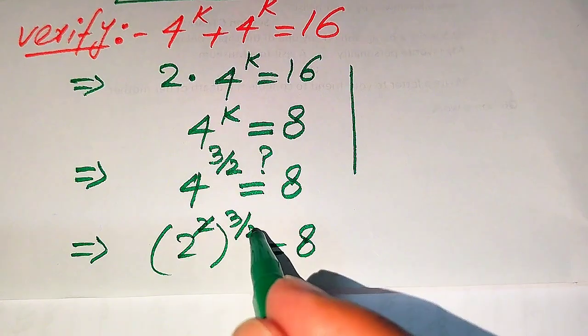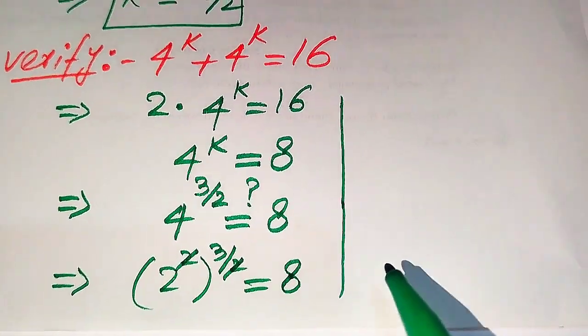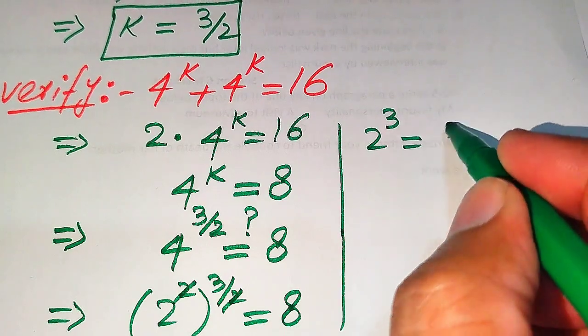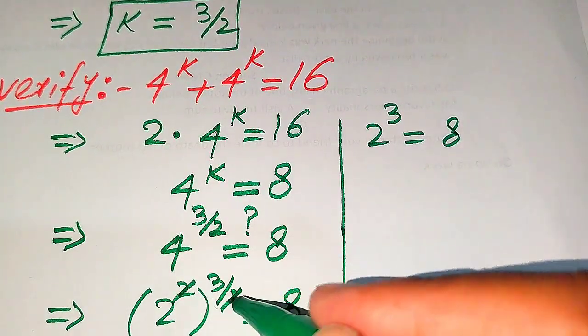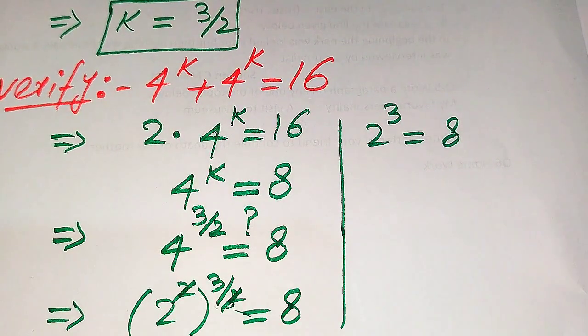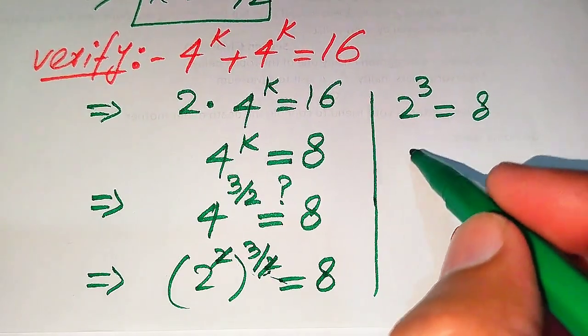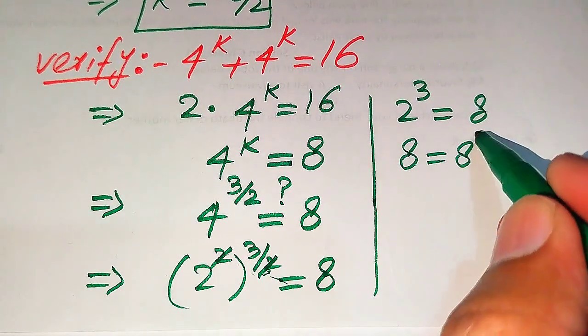You see here, this 2 is cancelled out by this 2, and we get here 2 to the power of 3 is equals to 8. Okay, because these two are cancelled by each other, and we get here 2 to the power of 3. And we know that 2 to the power of 3 is equals to 8.